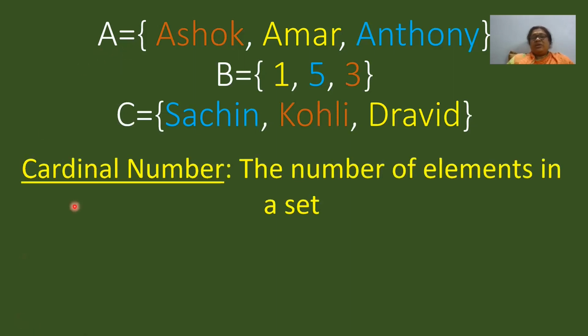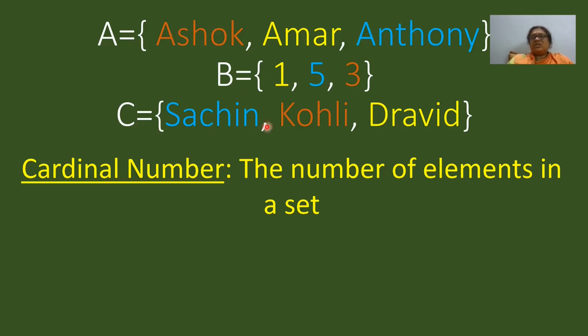Before that, I'll tell you what the cardinal number is. Cardinal number is the number of elements which are there inside the set. See here, in set A, there are 3 elements, that is Ashok, Amar, Anthony. In set B, also 3 elements, 1, 5 and 3. In set C, how many elements are there?